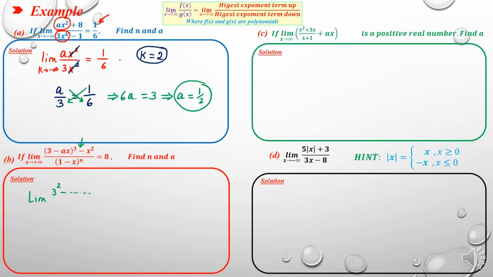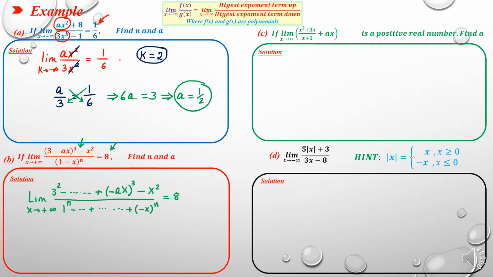Then finally we have plus negative a x cubed minus x squared, divided by, in the denominator, 1 minus x to the nth power. So if you want to expand it, it will be 1 to the nth power, then minus term plus other terms up to the last term, which is negative x to the nth power, when x goes to positive infinity, and this equals 8 as mentioned in this part.